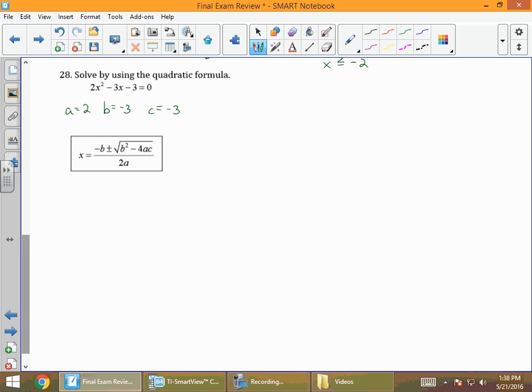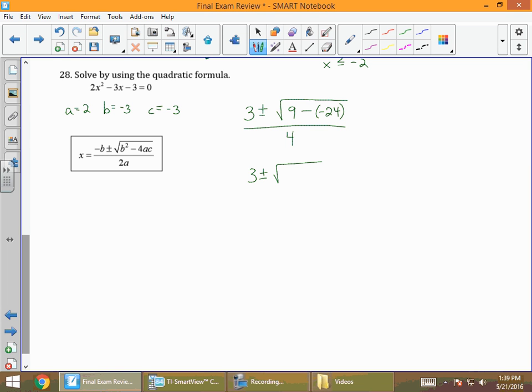So as I do the quadratic formula, the opposite of b, the opposite of negative 3 is 3, plus or minus the square root of b squared. Negative 3 squared is 9, minus 4 times 2 times negative 3. 4 times 2 is 8, times negative 3 is negative 24. All divided by 2a. 2 times 2 is 4. Subtracting a negative inside the radical, that's like adding a positive.